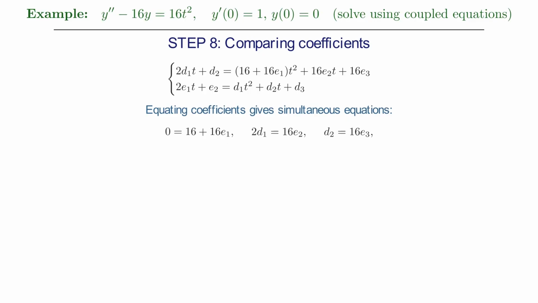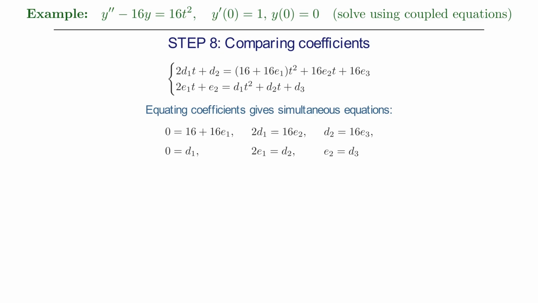Doing the same with the second equation, comparing the coefficients of the t squareds, we get that 0 is equal to d1. Comparing the coefficients for the t, we have 2e1 is equal to d2, and comparing the numbers, we get e2 is equal to d3.